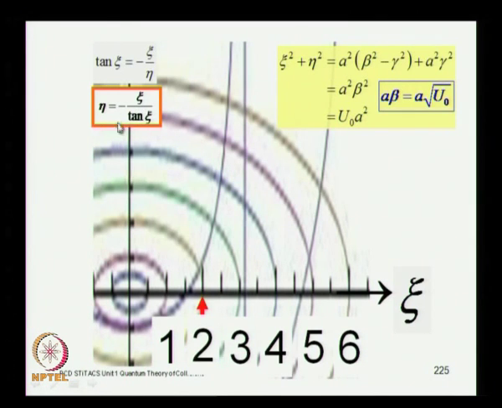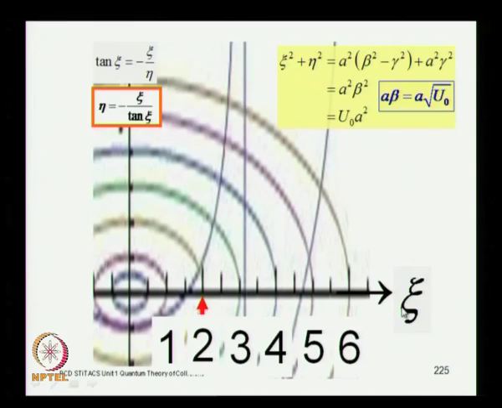So, if you plot eta versus xi, you get a family of curves, and these curves are drawn over here. So, this is one curve which describes the relationship between eta and xi.